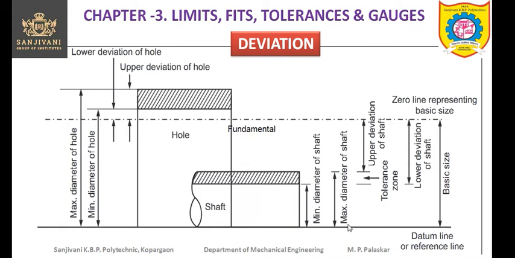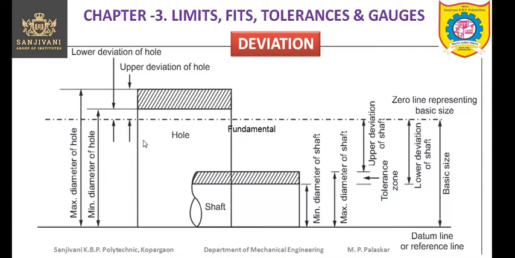Here we can see that this is the tolerance zone for the hole, shown above the zero line. This is the minimum diameter of the hole, the minimum limit of the size. This is the maximum limit of the size, that is the maximum diameter of the hole.